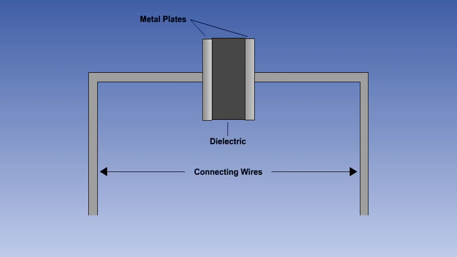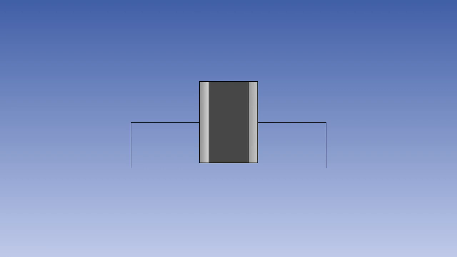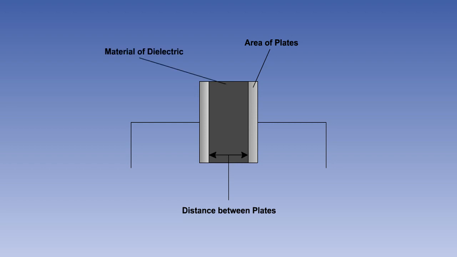You will recall that a capacitor consists of 2 plates separated by a dielectric, which can be, amongst other things, air, mica, or waxed paper. 3 factors affect the amount of charge a capacitor can hold. They are the area of the plates, the distance between the plates, and the type of dielectric used.